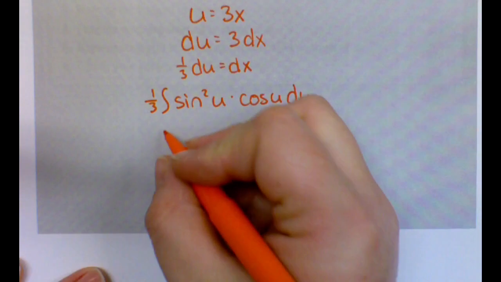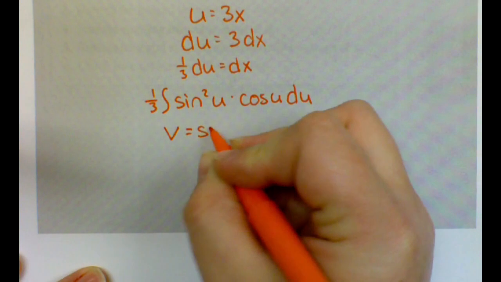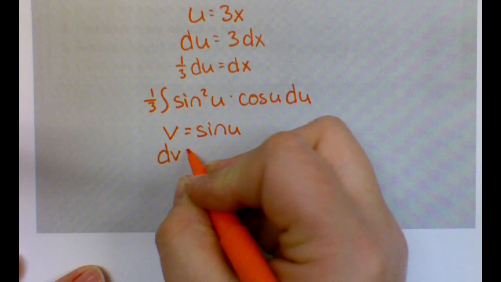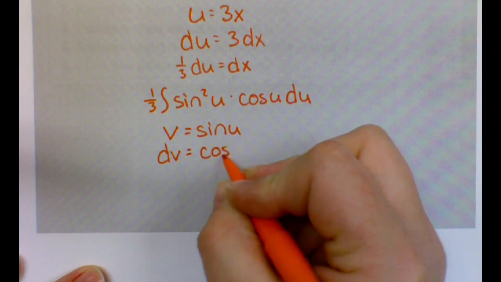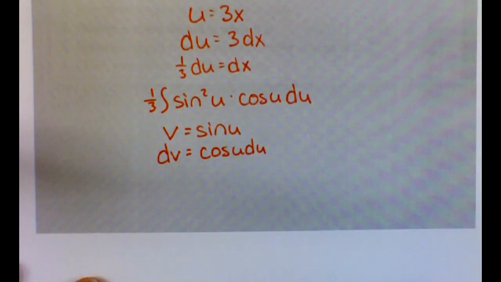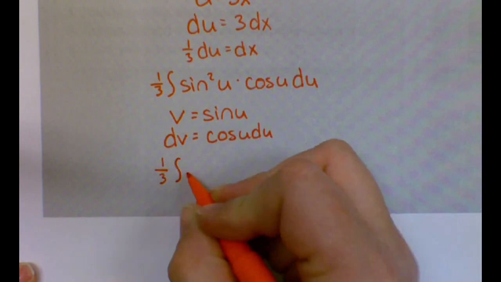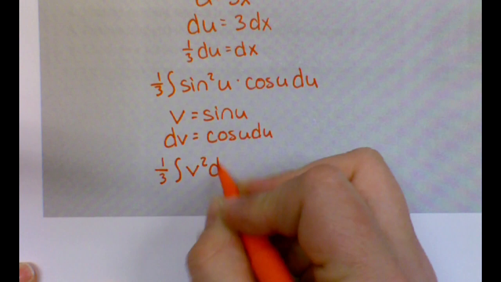Let's say that v is sine of u. That means dv is cosine of u du. Now I can rewrite this as 1/3 the antiderivative of v squared dv.